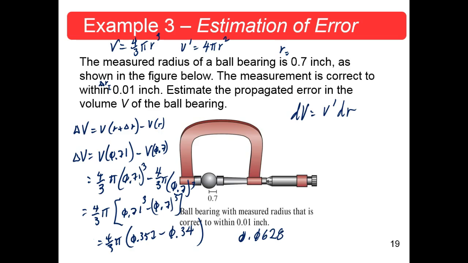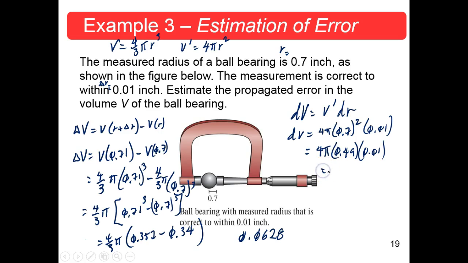Okay, so we're using this formula now, dv, not delta v. And your dr, we already know that to be 0.01. So your dv is equal to 4 pi times 0.7 squared times 0.01. The math is a little bit easier here, right? This will be 4 pi times 0.49 times 0.01.